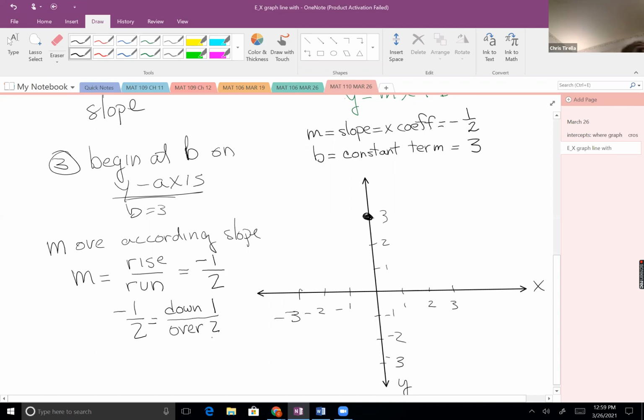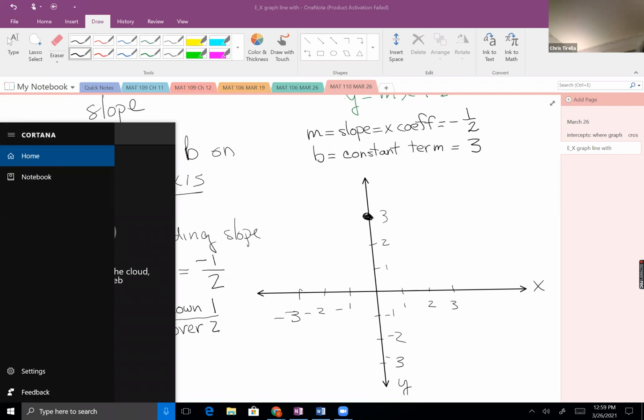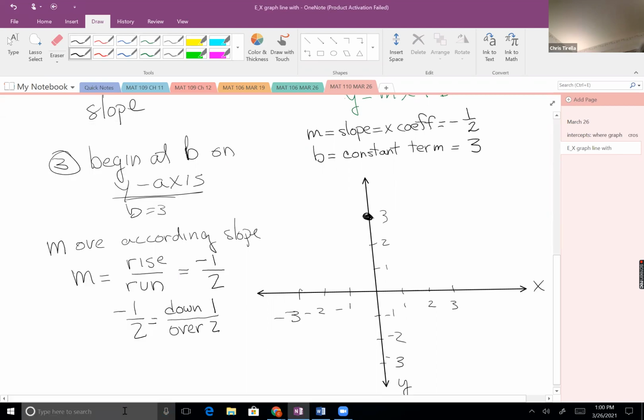And when I move over, because I'm always thinking of that denominator as being positive, it means that I'm moving to the right. So I'm going to go down 1, right 2, down 1, right 2. Usually do it a couple times. And I should be able to put a straight line through those points. And I've got it.